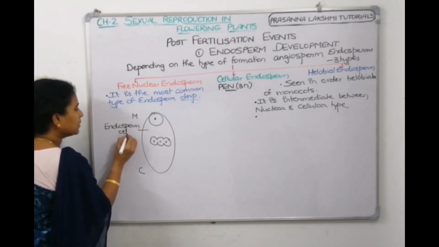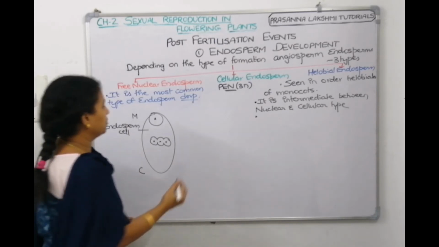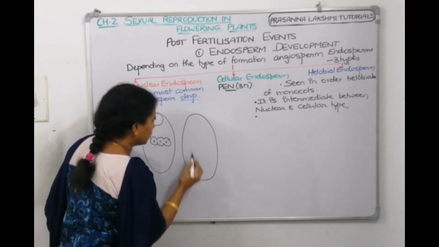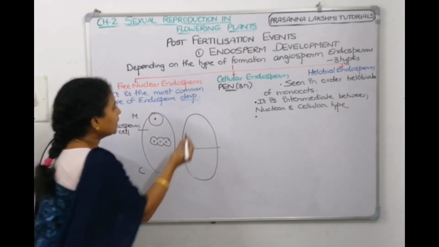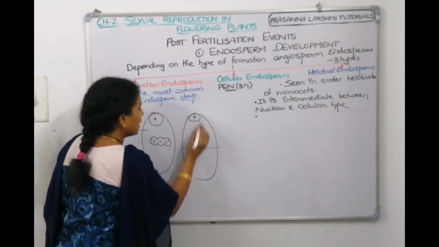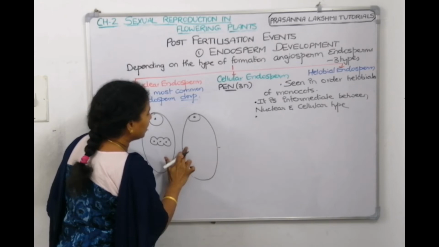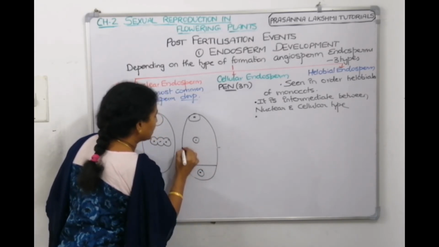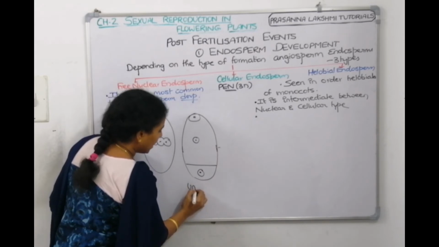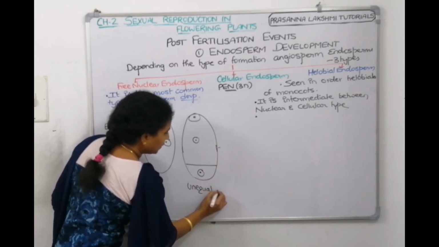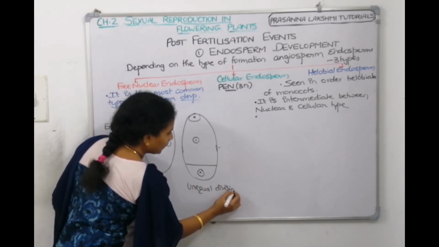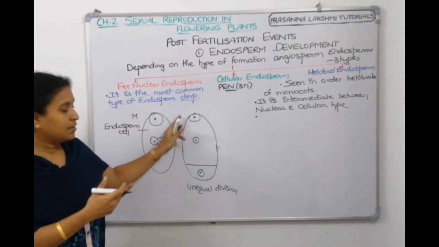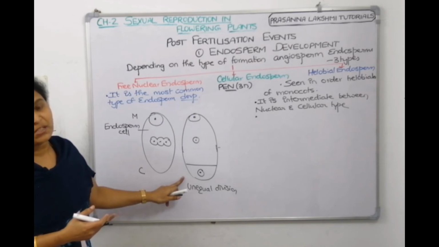The endosperm cell undergoes a transverse division, means like this. It undergoes a transverse division, yeah, but it is not an equal division. It is an unequal division. One small cell and one big cell. The micropylar end endosperm cell is the bigger cell. The callosal end endosperm cell is a smaller cell.